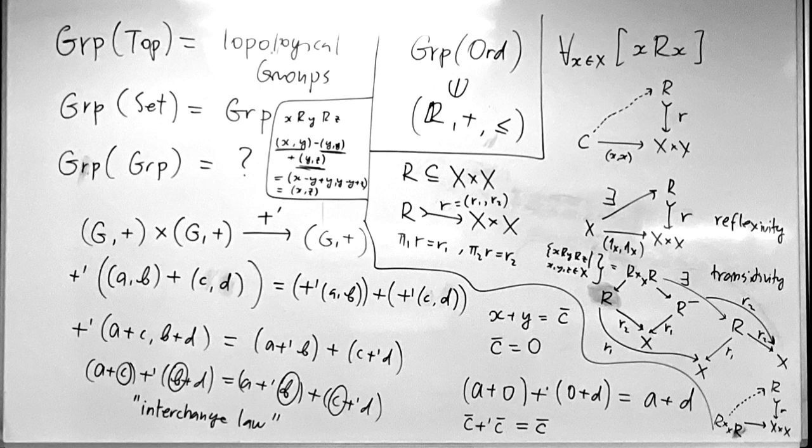Let's state the obvious things first. The first obvious thing that we already worked out is that internal groups in the category of topological spaces are exactly topological groups. Second, internal groups in the category of sets are the usual groups.